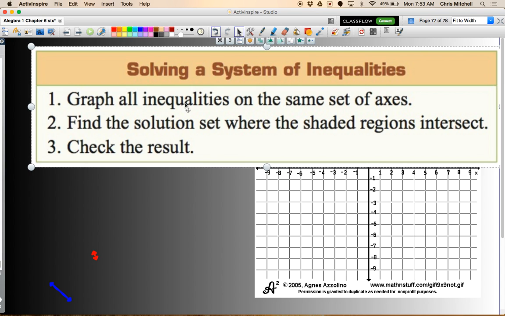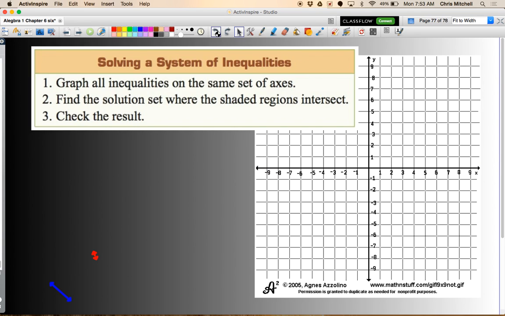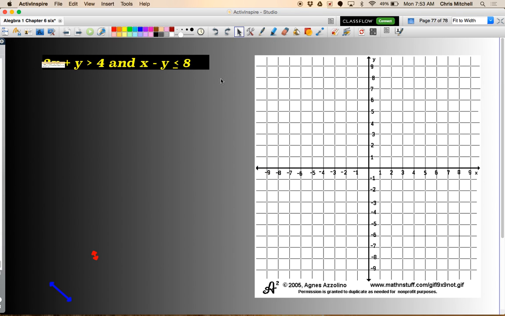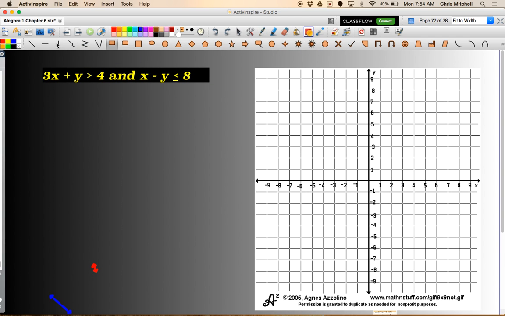Okay, guys, now as we learn how to solve systems of inequalities, we have to graph. It does involve graphing. So we have to graph two equations in slope-intercept form. So I'm going to go ahead and separate these two so that we can write each one in slope-intercept form.